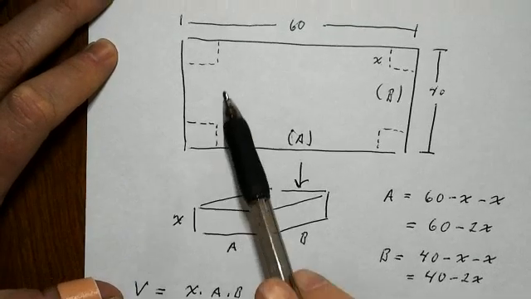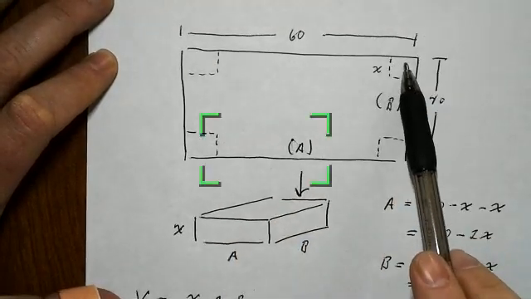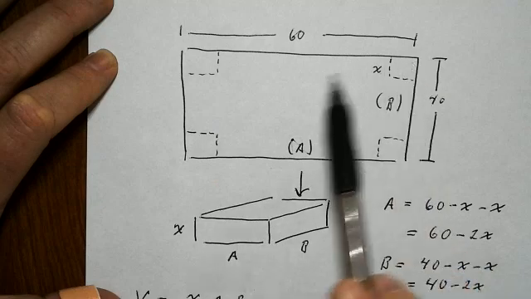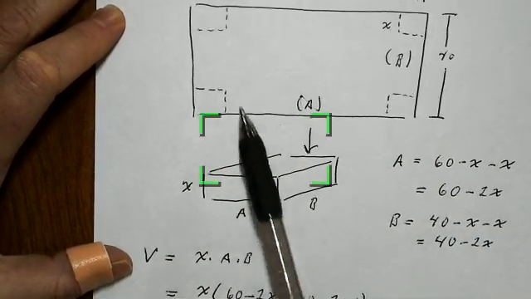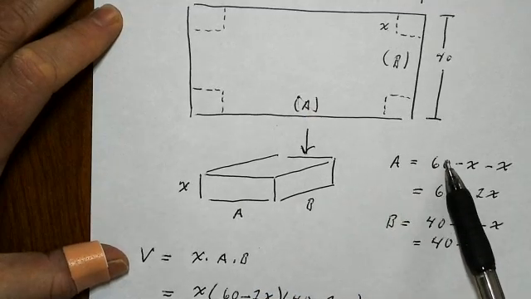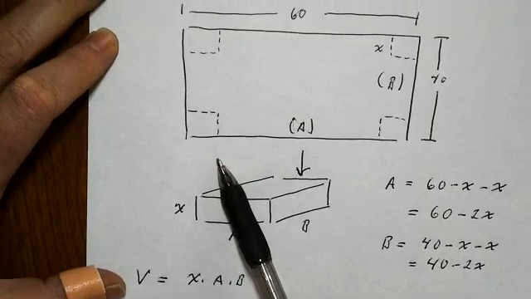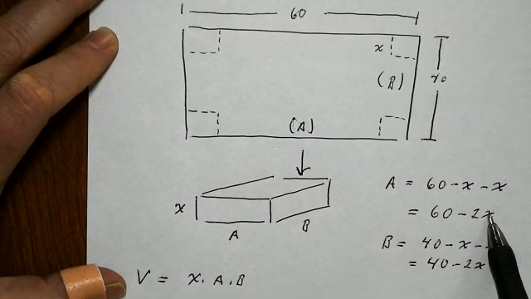Whatever we decide to call these, we can see that A is going to be the entire 60 centimeters, and then we're going to subtract this x and then this x again. So A is 60 minus x minus another x, which is 60 minus 2x.